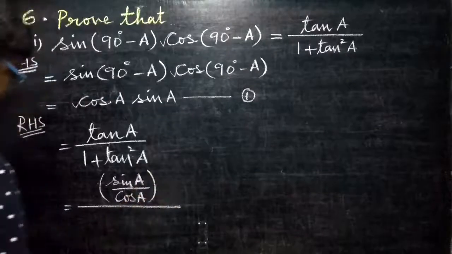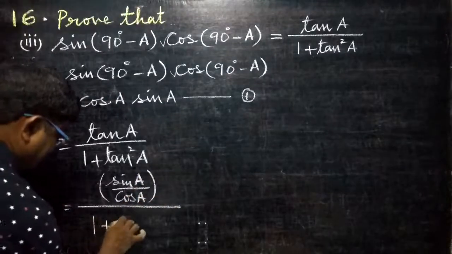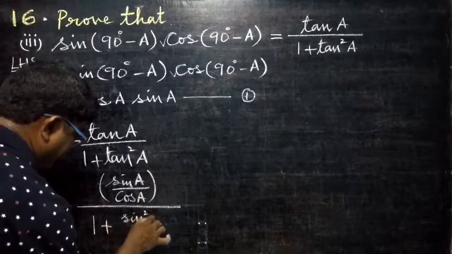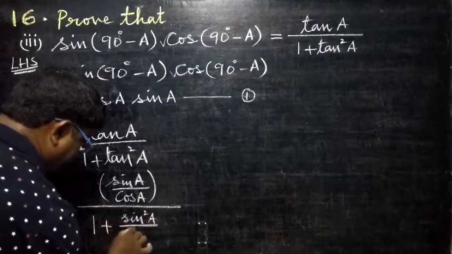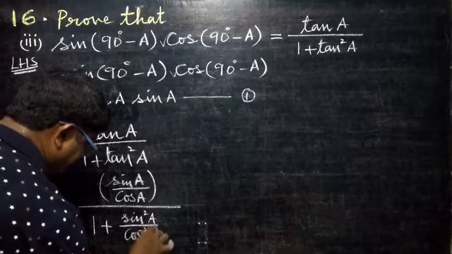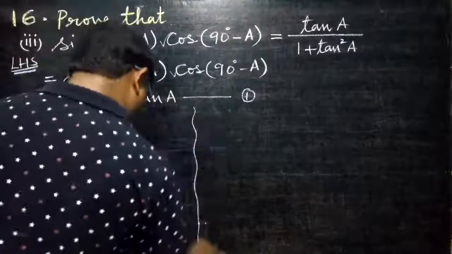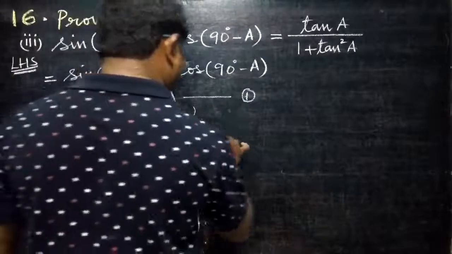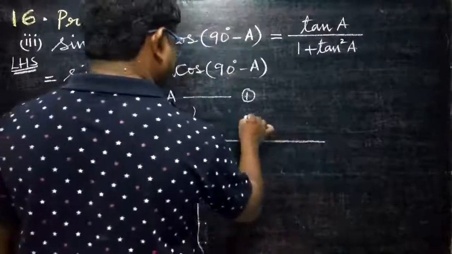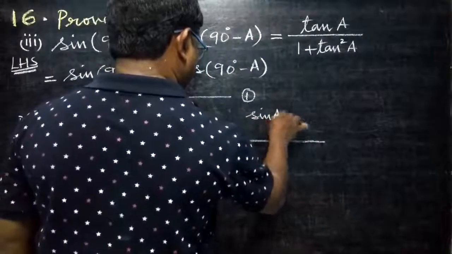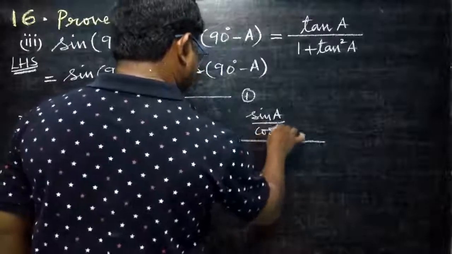Come to the denominator: 1 plus sin square A by cos square A. Now simplify. In the numerator, no change will be there: sin A by cos A as it is.